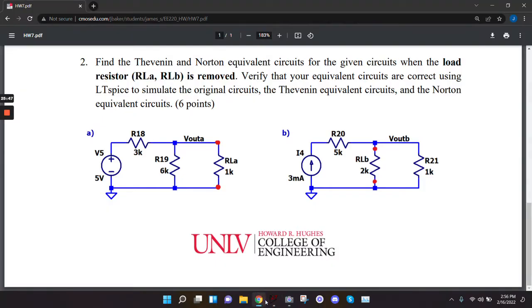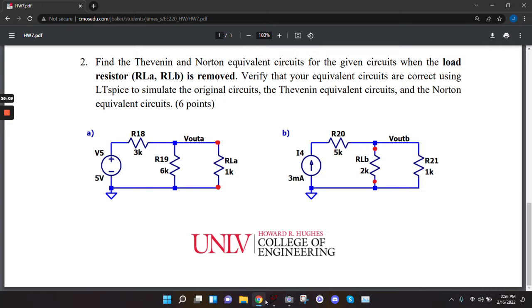So the next one is homework. All right, it's homework 7 2B. I'll do the exact same format. Actually, I'll switch up the color for the original circuit. So this time it's a current source, 5K.